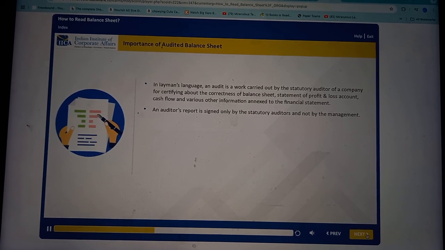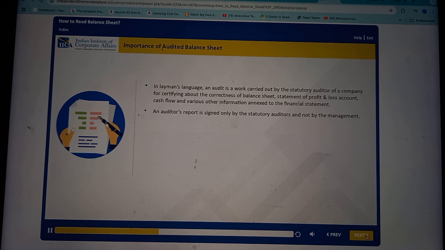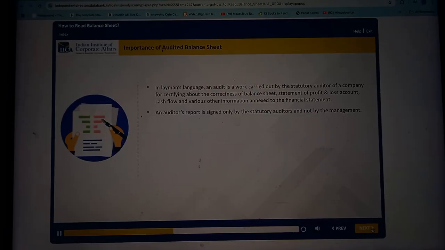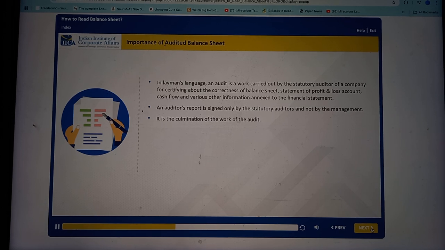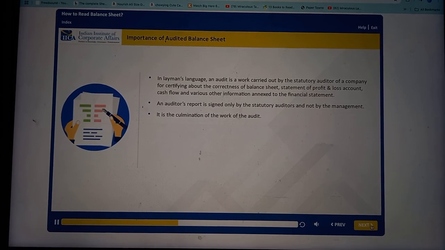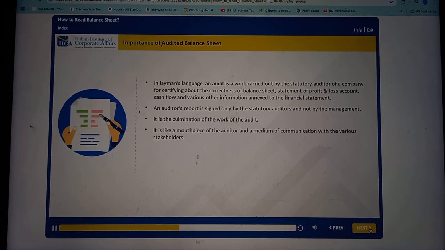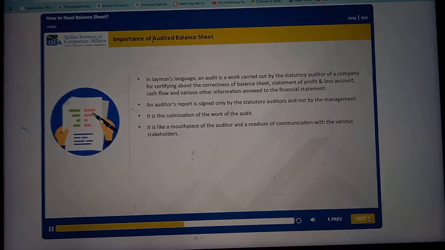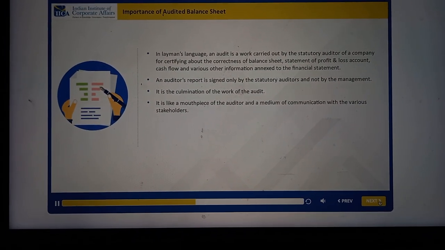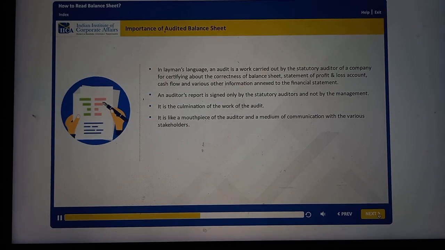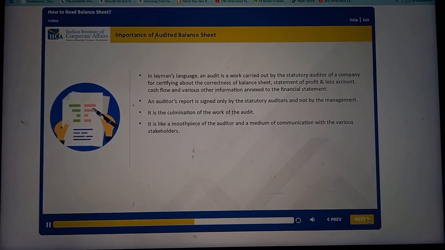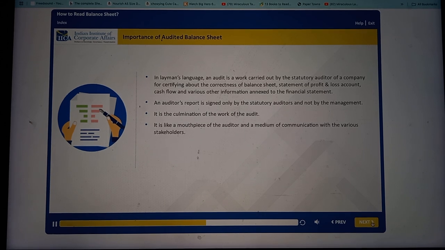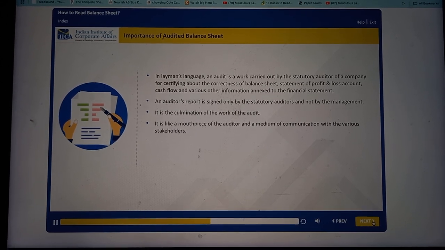Auditor's report and annexure to the auditor's report are signed only by the auditors because it is the culmination of the work of the audit, and it is known as the mouthpiece of the auditor, a medium of communication with the stakeholders, wherein the auditor gives certain vital information as available in the financial statement.